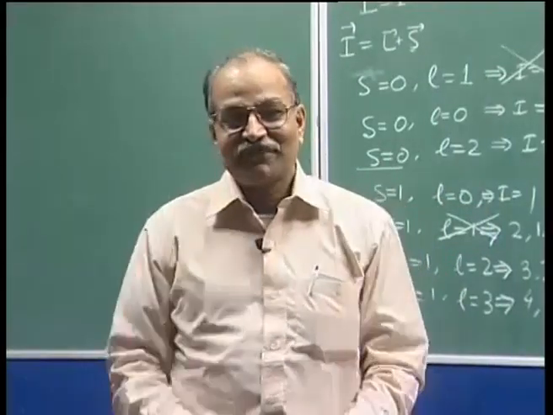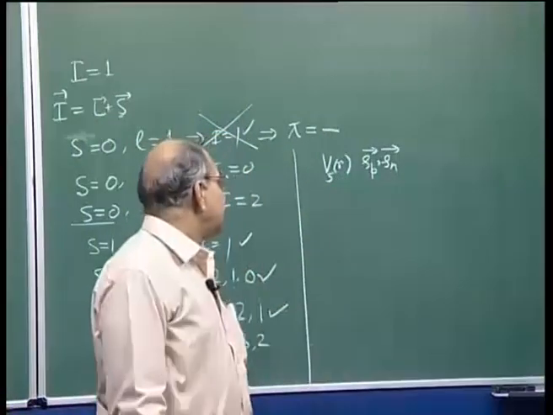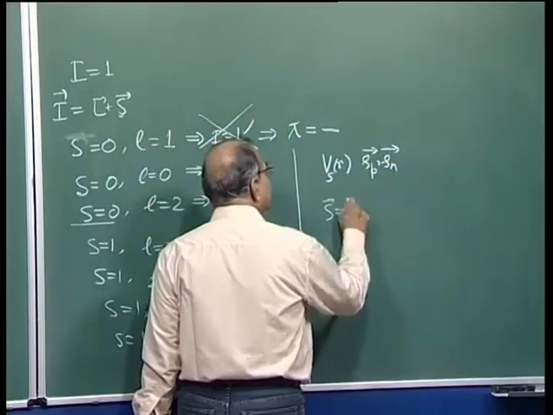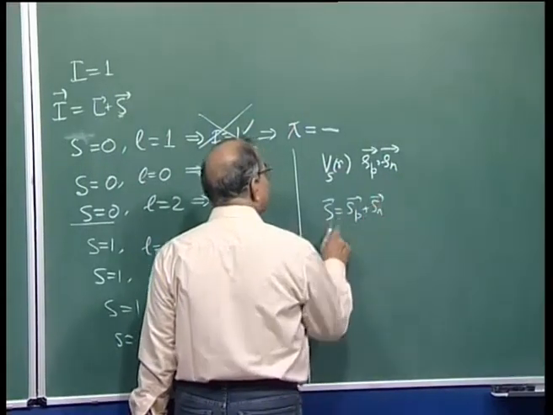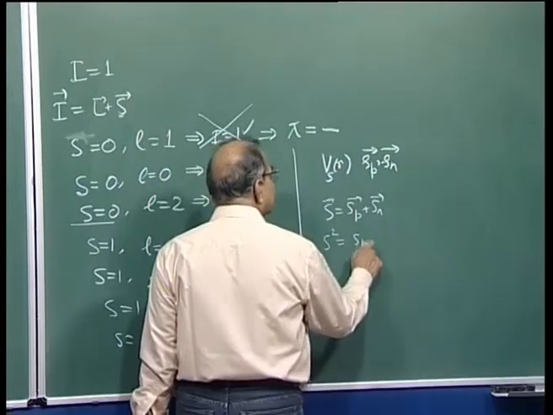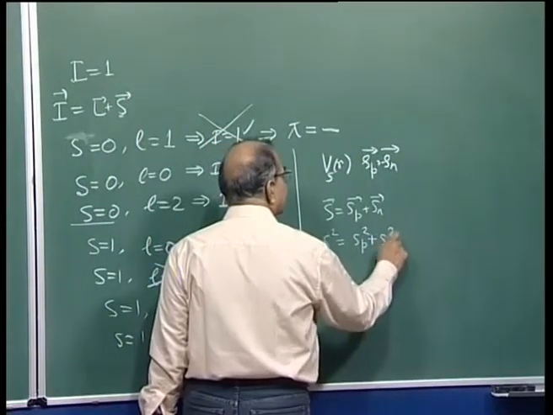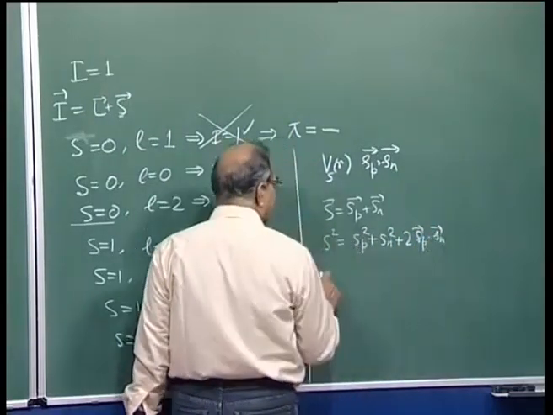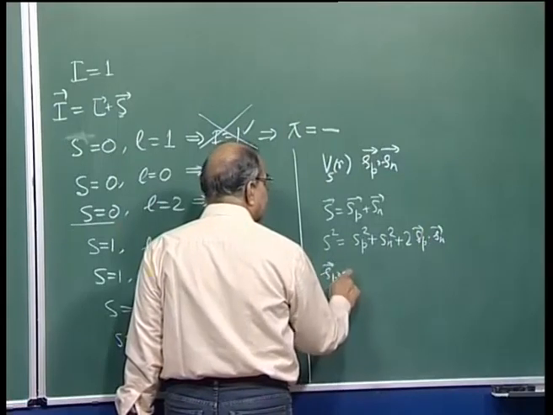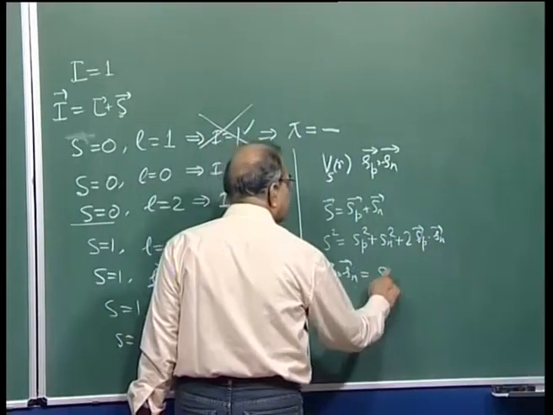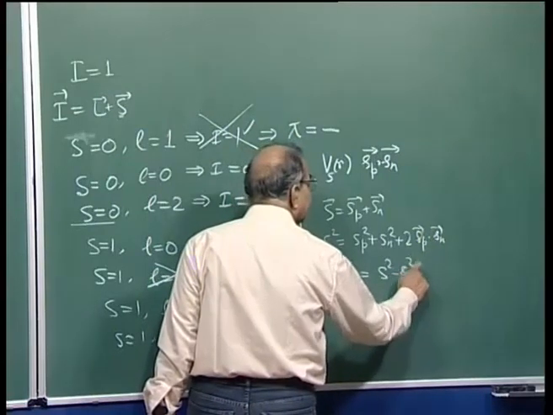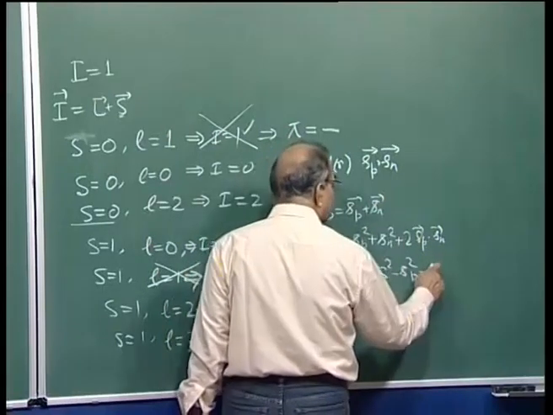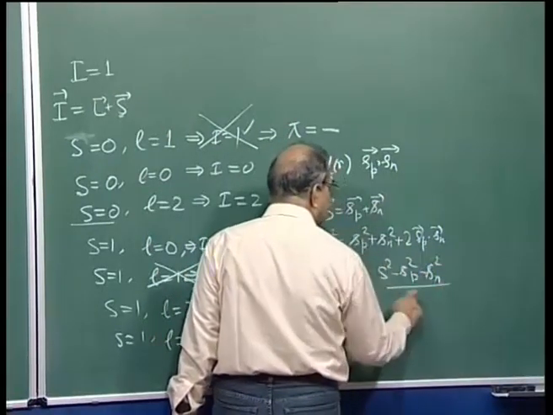So, potentials are different. You can make a calculation of this Sp dot Sn. You have S equal to Sp plus Sn, and from here you can write S square equal to Sp square plus Sn square plus 2 times Sp dot Sn, and from here you write Sp dot Sn equal to S square minus Sp square minus Sn square, divided by 2.